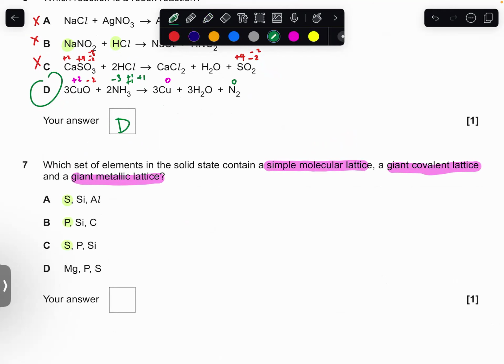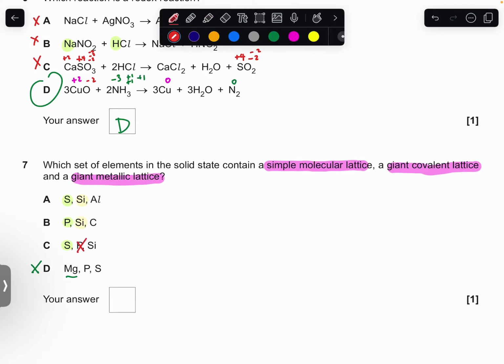Can't be the last one because that's a metal, magnesium. Let's look at the next one. The next one needs to be giant covalent. Yes, it is. Phosphorus is not a giant covalent.